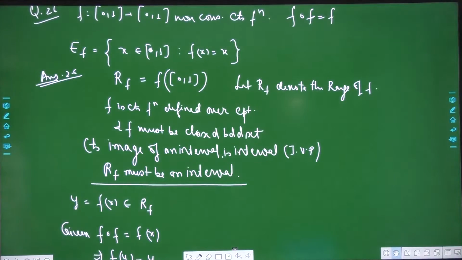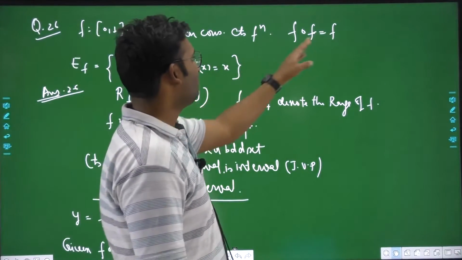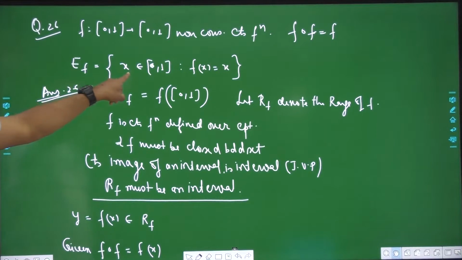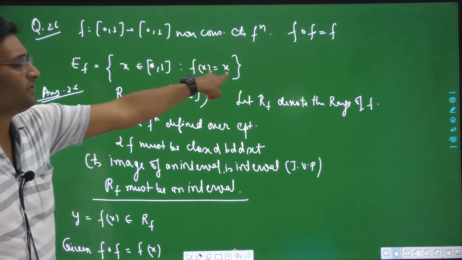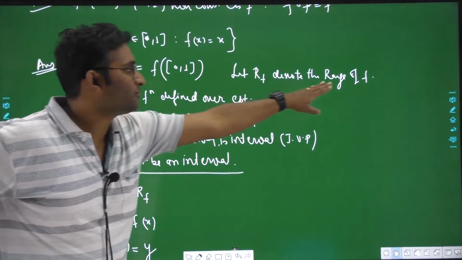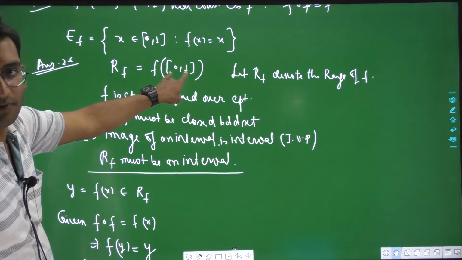देखिए यहाँ पे क्या किया है, f कोई एक नॉन कांस्टेंट कंटिन्यूअस फंक्शन है, provided f of f is given to be f. Now if ef is defined as all those x belongs to 0, 1 such that fx equal to x, कैसे प्रोसीड करते हैं? पहले मैंने डिनोट कर दिया rf denotes the range of f, that is f of 0, 1 जो है डोमेन है.